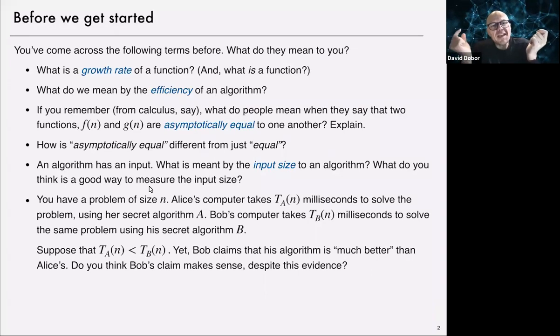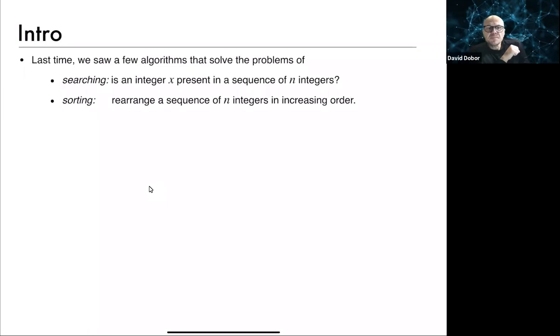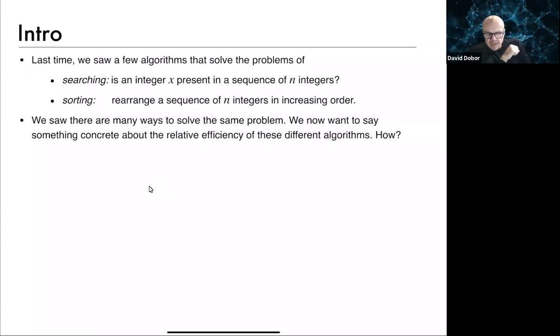If you gave Bob's algorithm to Alice and she ran it on her machine, then maybe Bob's algorithm would take much less time. In that sense, Bob's algorithm is more efficient. It's just running on different hardware, right?